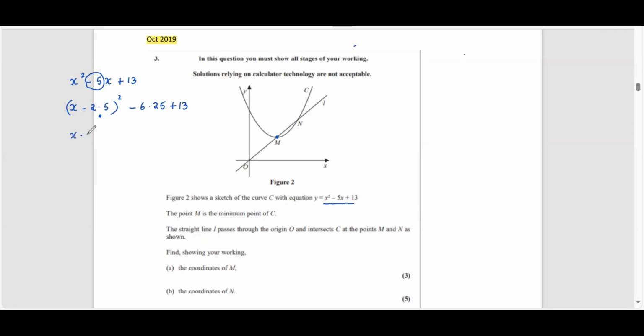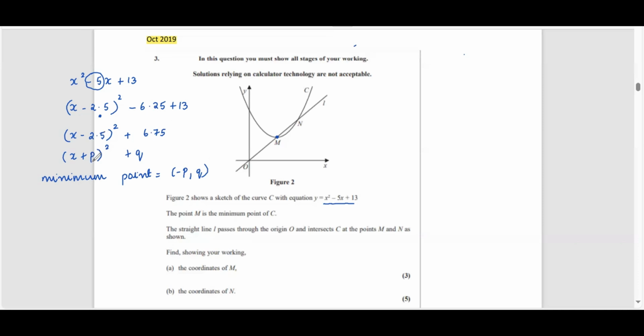Now this becomes (x minus 2.5) the whole squared, minus 6.25 plus 13, that is plus 6.75. We know that if the expression is in the form of (x plus p) the whole squared plus q, then the minimum point is (minus p, q).